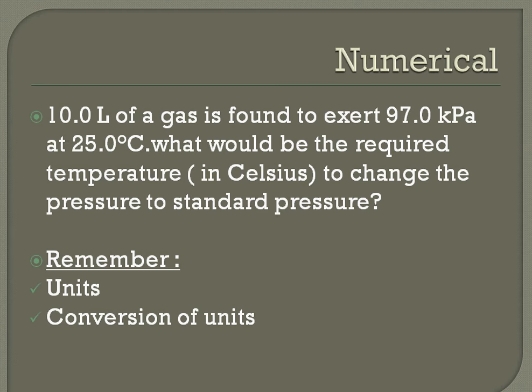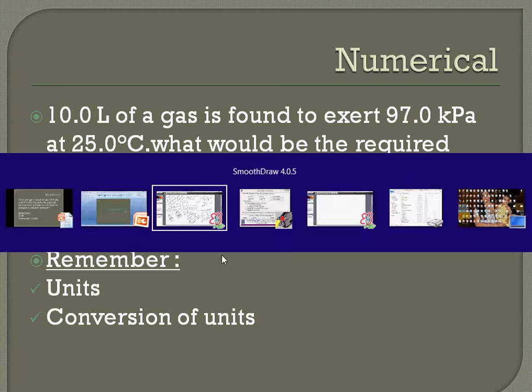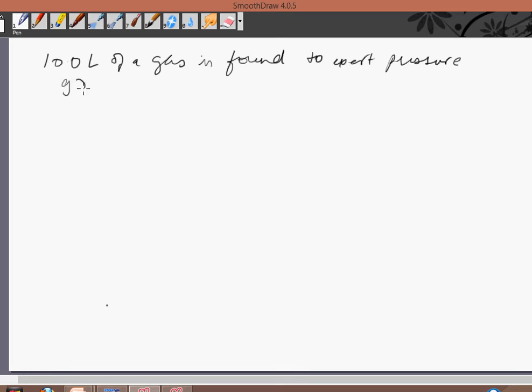Now let's solve this numerical. What was the question? The question says 10 liters of a gas is found to exert a pressure of 97.0 kilopascal at 25 degrees centigrade.